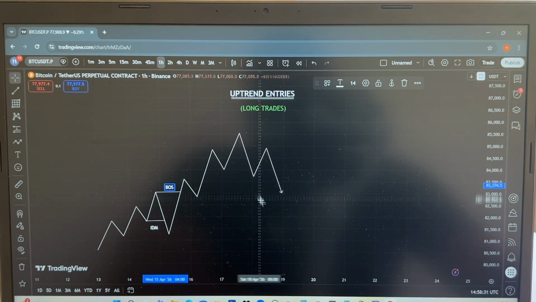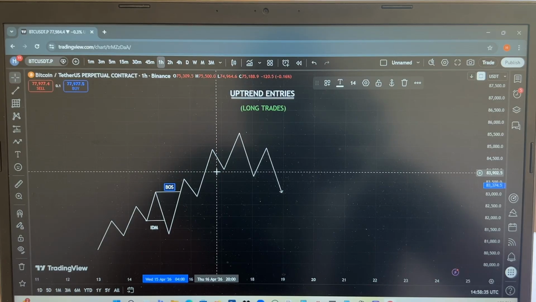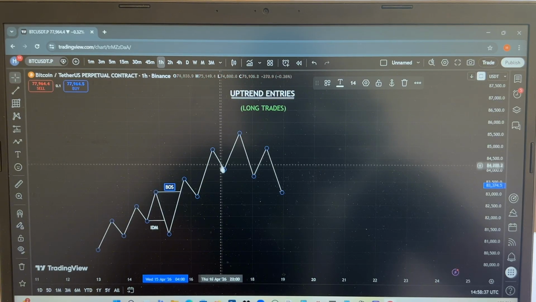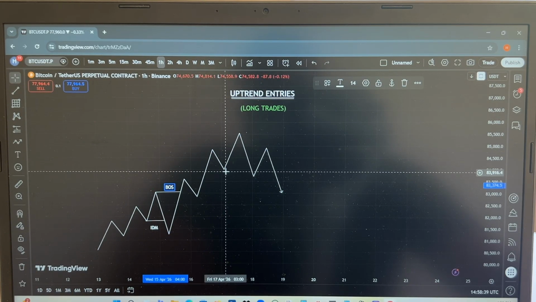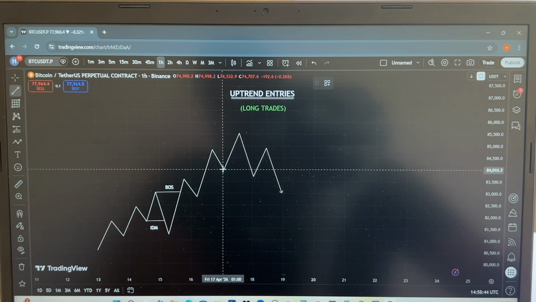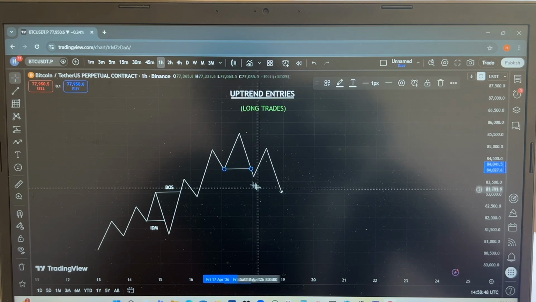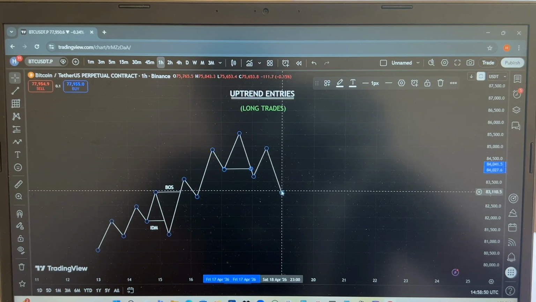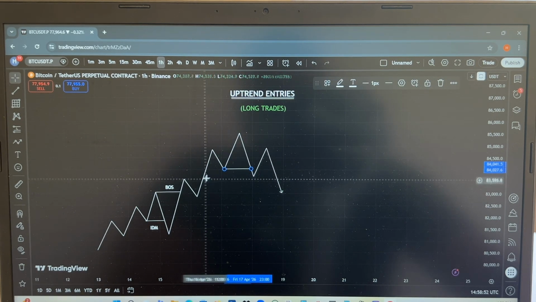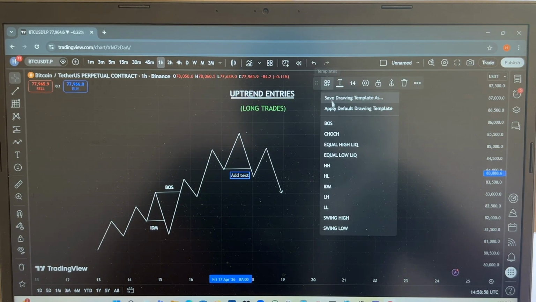For the market to come back down, this change of character is different, because it is identified when the market breaks a previous low. So you can clearly see this low has been hunted by this low, and then it made lower lows, lower highs, making this a confirmed change of character. Okay, so we mark that as well.